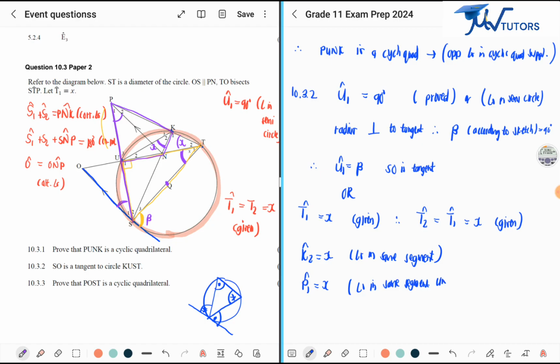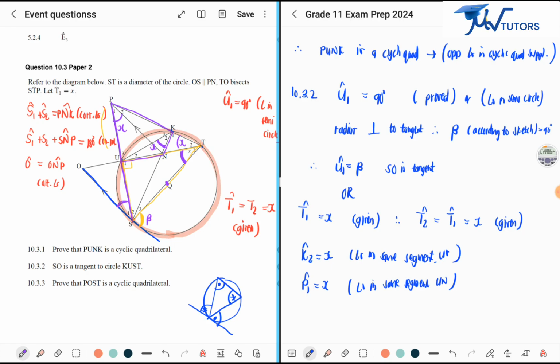I feel like at this point I need to differentiate which segment we're talking about. So even K2 being equal to X, it's from segment US. Okay, so we have X there, we have X over here. Now what can we say?